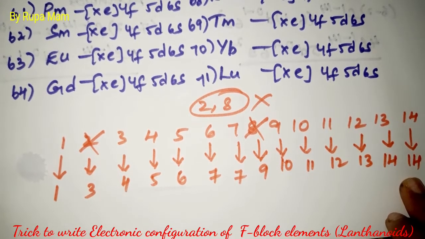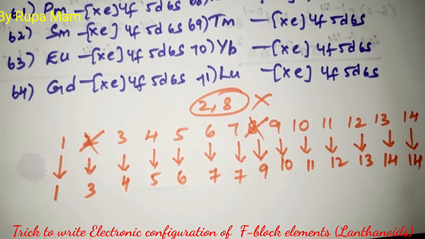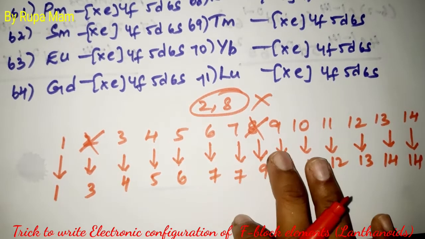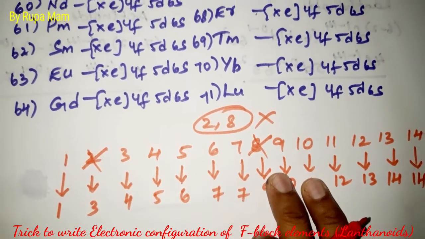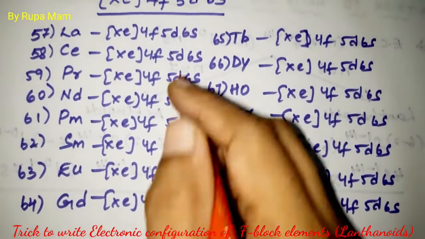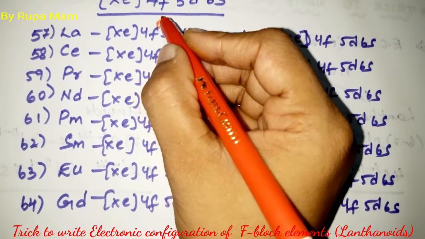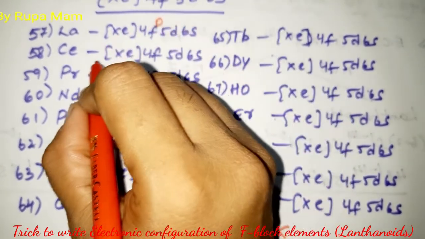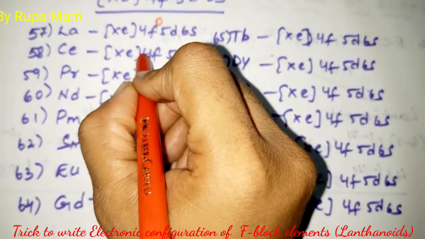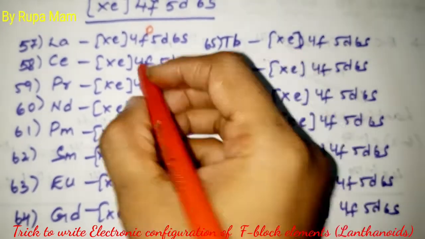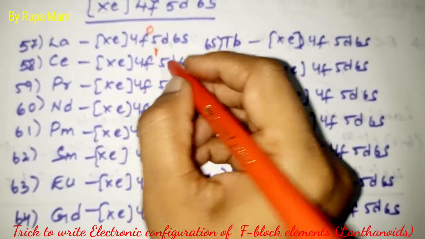Don't take 2, so the next number is 3. The next number is 4. Don't take 8, so the next number is 9. After writing this, just fill the electrons like this. How can we fill? Here lanthanum is 4f0, and next cerium is filled like this, 4f1.